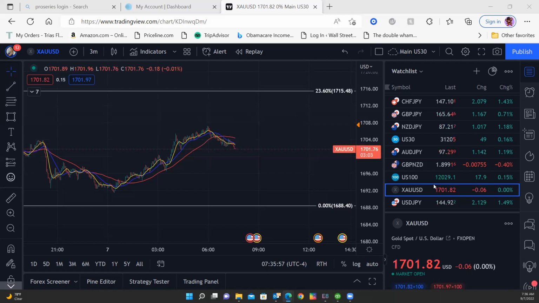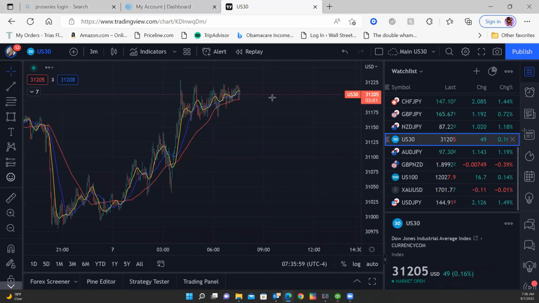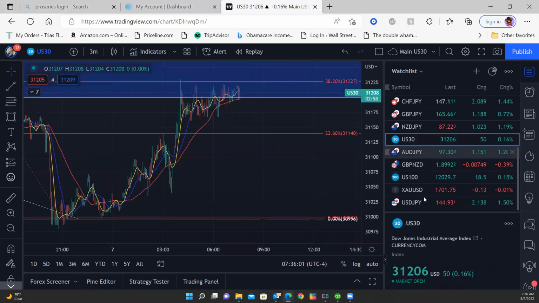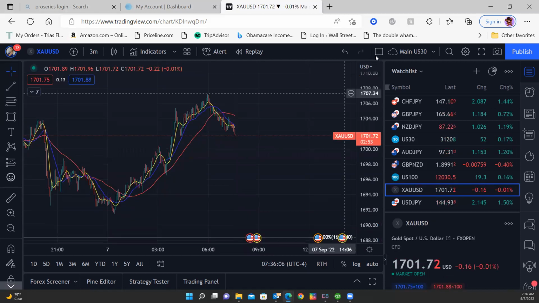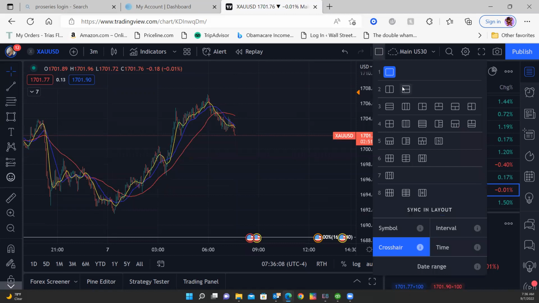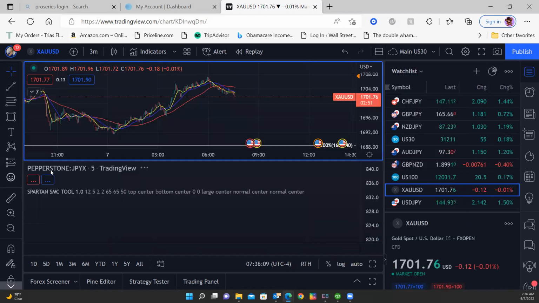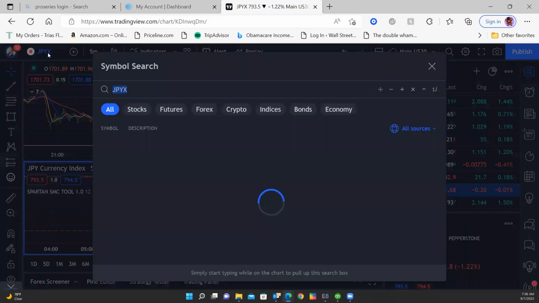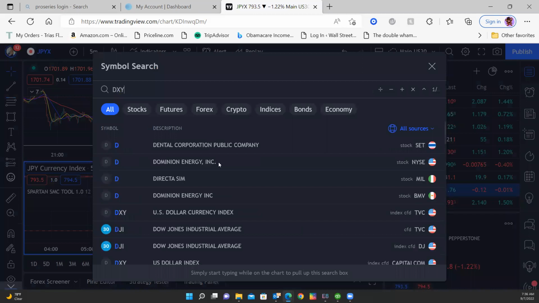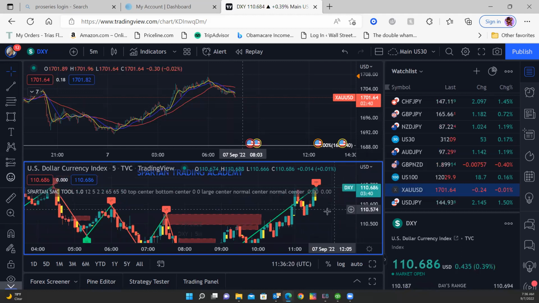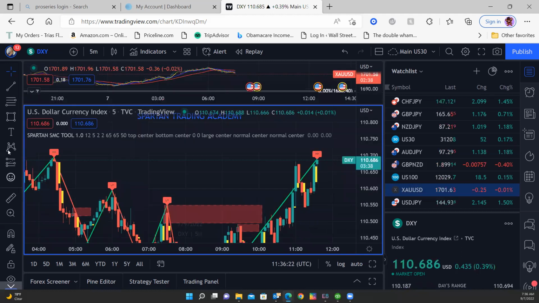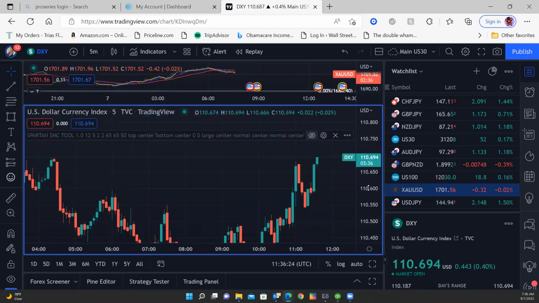Gold is going down. Oh, another thing with gold, guys. Another indication of whether she's going to go down or not: I split my screen and I look at the dollar index. If the dollar is super bullish, if you notice, let me remove this indicator.